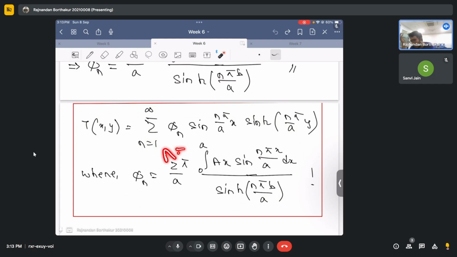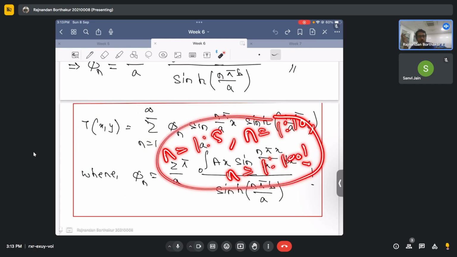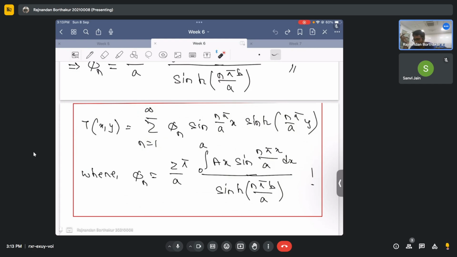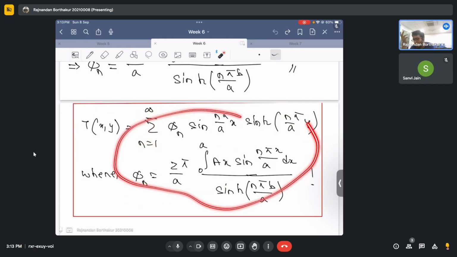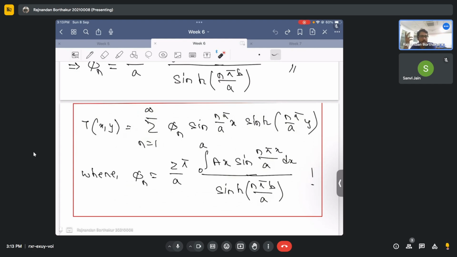Are you going to calculate from n equal to 1 to 5, or from n equal to 1 to 10, or from n equal to 1 to 100? This is the natural question that should arise in your mind: yes, there is this summation sign, but in reality, how many terms in this expression am I going to retain in order to get the accurate solution?